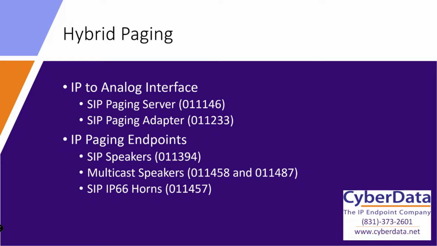You'd really want something that could be heard over the chatter and the loudness of students. You'd really want something loud, and that's where the IP66 horn could come in. And the nice thing is that these are IP66 rated, so of course, I've really only talked about indoor applications for them, but they're IP66 rated, so they can go outdoors.